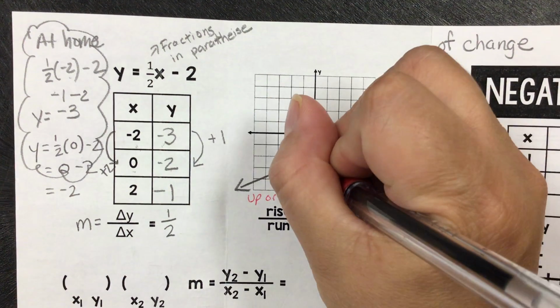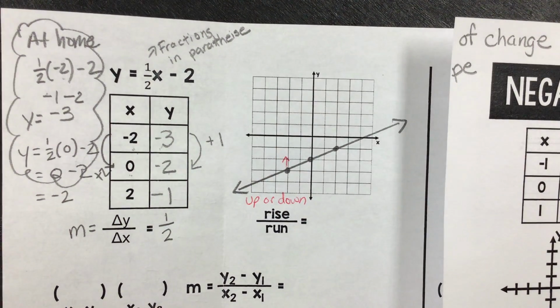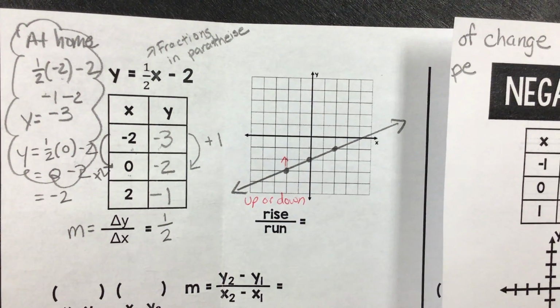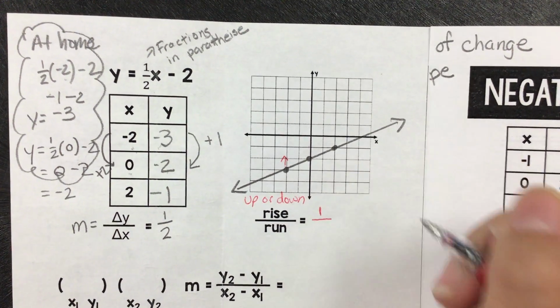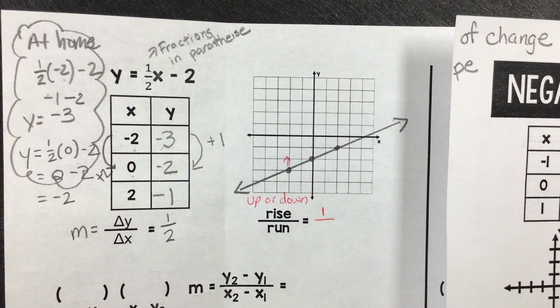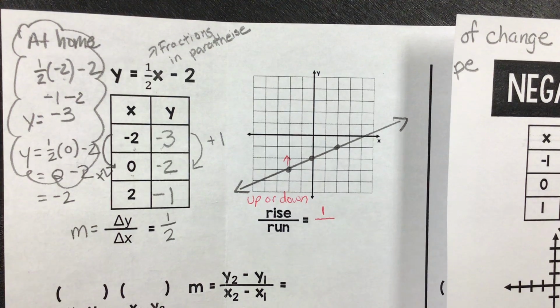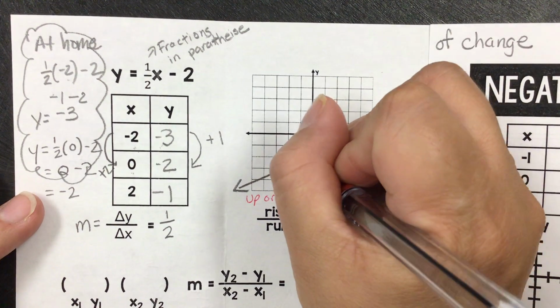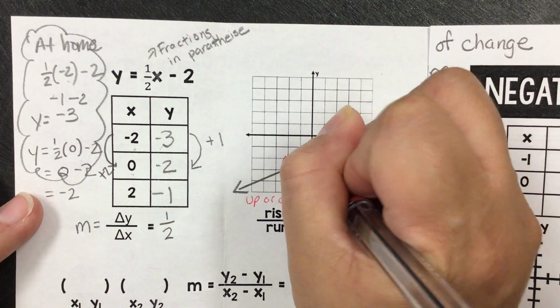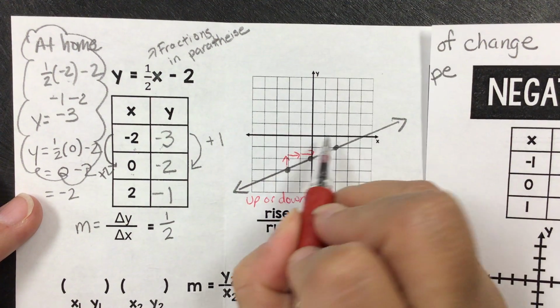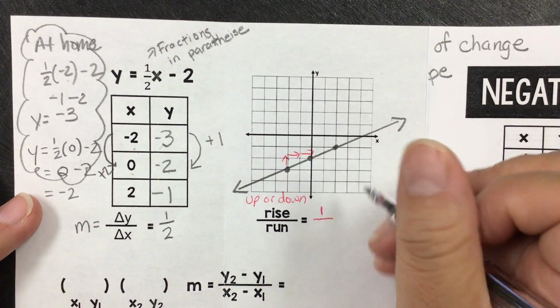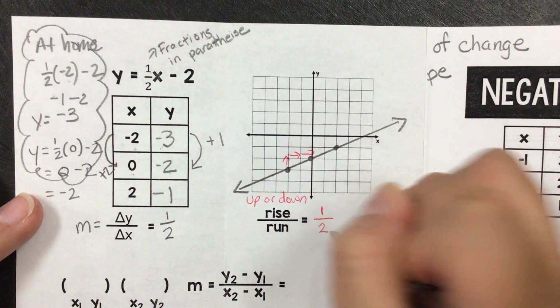So you go up 1. That means this is 1. You can put a +1, but it's not necessary. And then you have to go 2 to the right. Remember what I said is that since the x's on the right side are positive, that means that this movement is a +2.